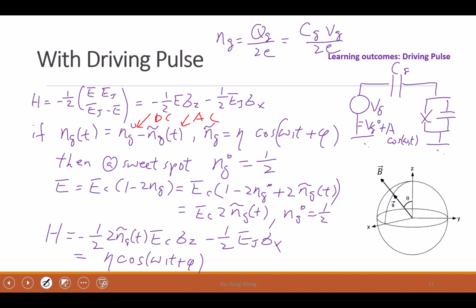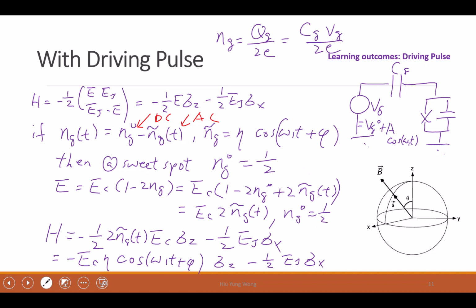Oh yeah, I missed the negative here, because I have negative here, so I need to copy it. But I want to write the NC also, and I don't have enough space. Negative EC sigma Z minus 1 over 2 EJ sigma X.